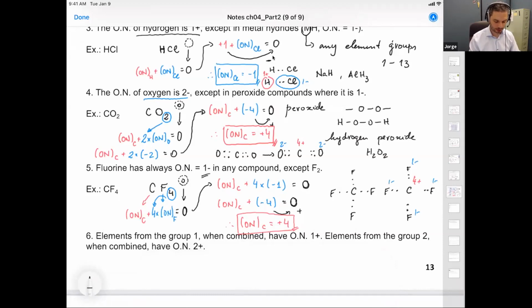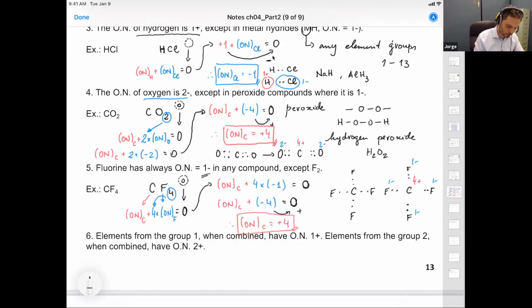And the final rule is that elements from group 1, when combined, have oxidation number 1 plus. That's going to be always the case. And elements from group 2, when combined, have oxidation number 2 plus.